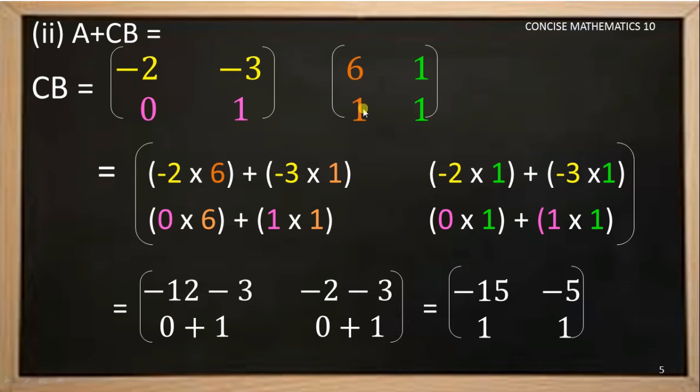So hence apply the same rule, that is first row, first column, first row, second column, second row, first column and second row, second column. Then the product of C and B will be equal to minus 15, minus 5, 1, 1.